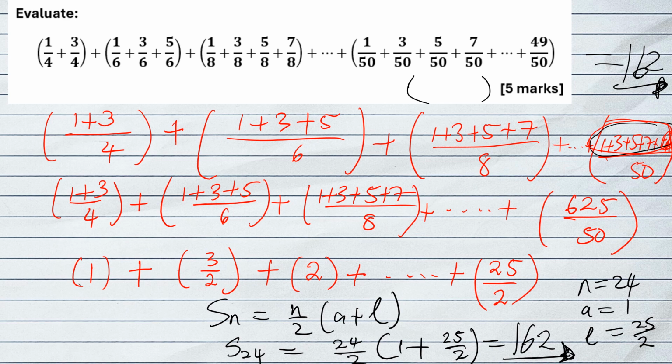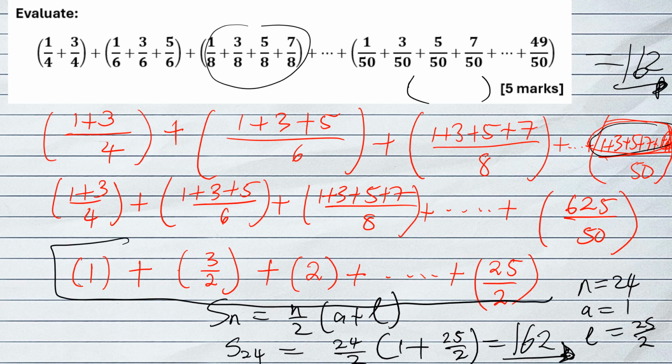Then this one can easily be added after taking the lowest common denominator. Then you add on top and realize it's creating a more simplified arithmetic series, so you simplified the sum. I hope you find this helpful.